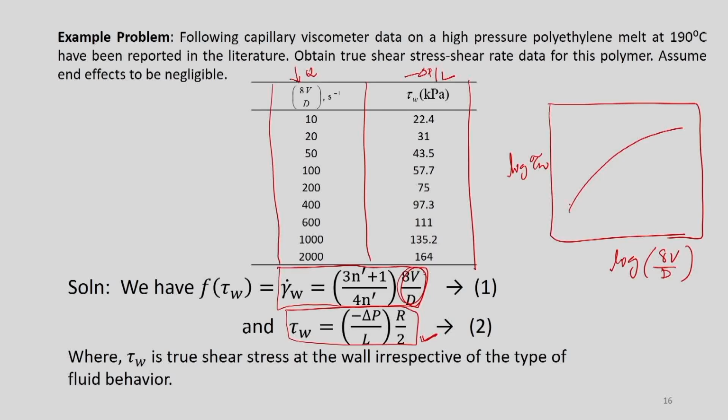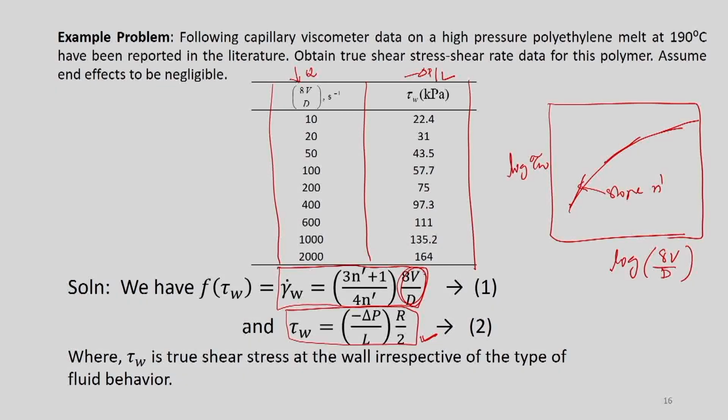Now at each point you have to draw a tangent, right. The slope of the tangent is nothing but n prime. Then once you get the n prime, you obtain the corresponding new gamma dot W values, or true shear rate information.